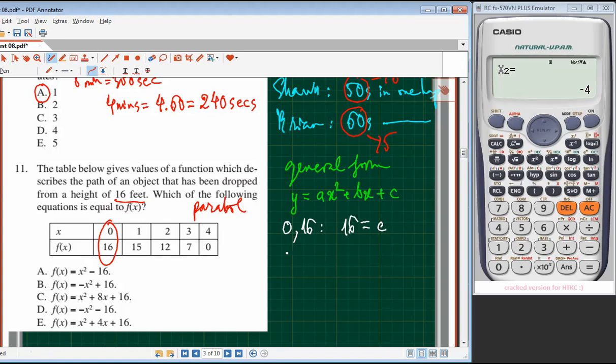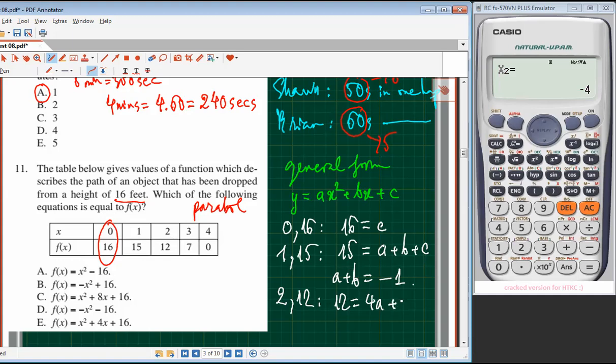With a second column, number 1, 15, we get 15 equal to a plus b plus c. Due to c equal to 16, we get a plus b equal to minus 1. The third column, number 2 and 12, we get 12 equal to 4a plus 2b plus c.